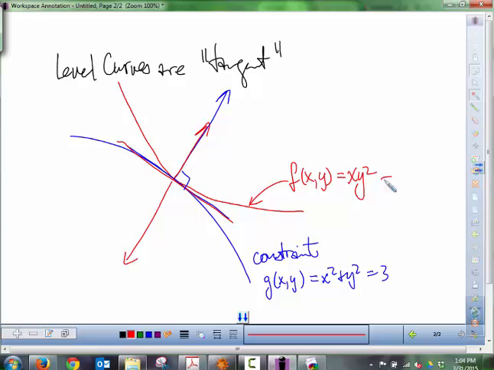This is equal to a constant, whatever level this is, and now we have a two-dimensional curve that we're looking at. These arrows that I just drew: the blue arrow would be the gradient of g, because that's the constraint, and the red arrow, whether pointing the opposite way or in the same direction, is the gradient of f.